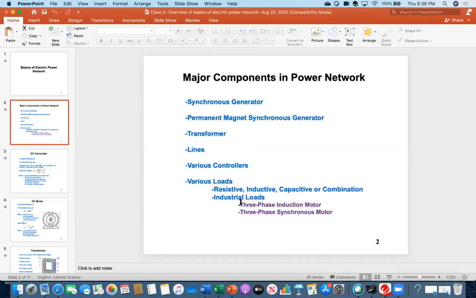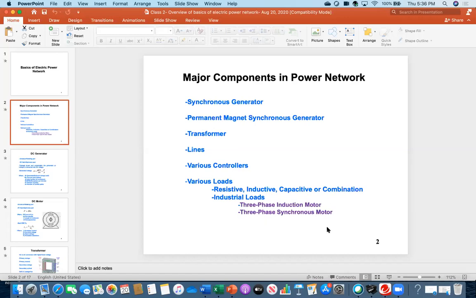And then again, the loads could be resistive, inductive, capacitive, or a combination of any two or all three of these. In the case of industrial load, mostly there are two types: the three-phase induction motor and the three-phase synchronous motor.